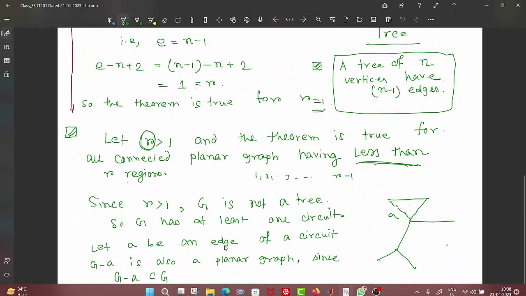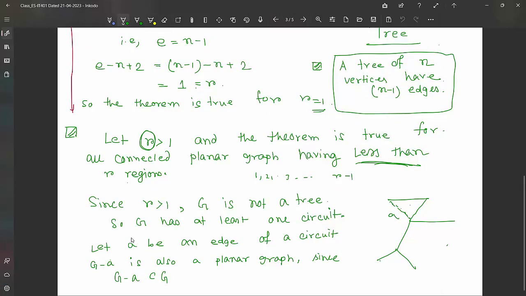So we left at the line that if R greater than 1, G is not a tree, so G has at least one circuit. Now let A be an edge of a circuit.